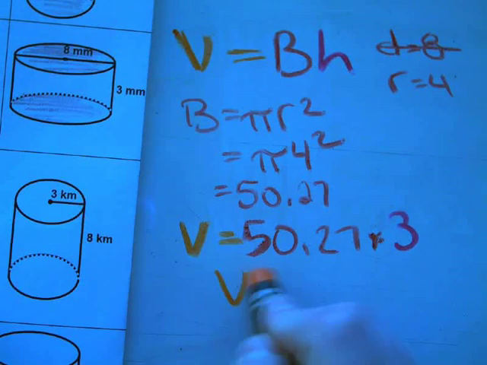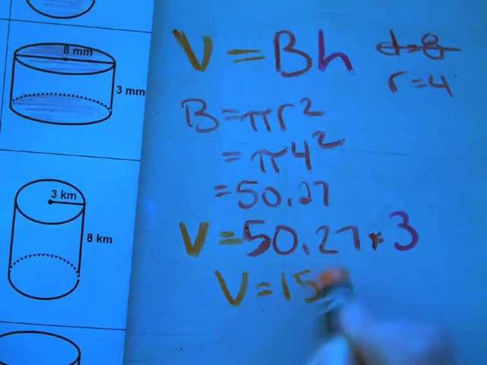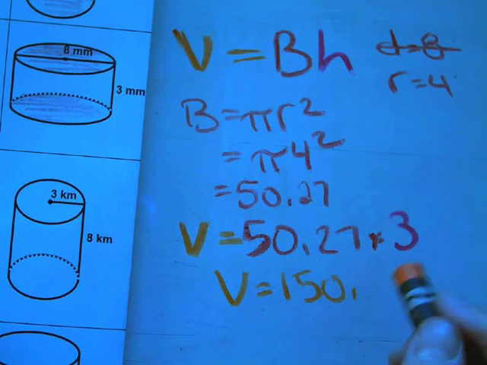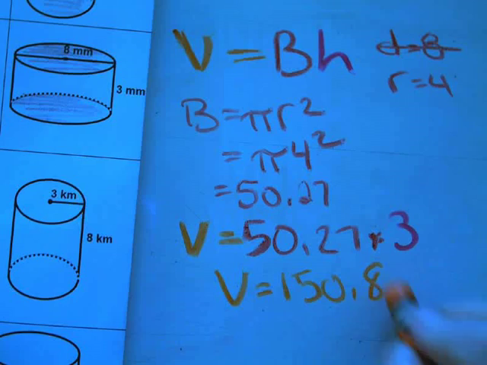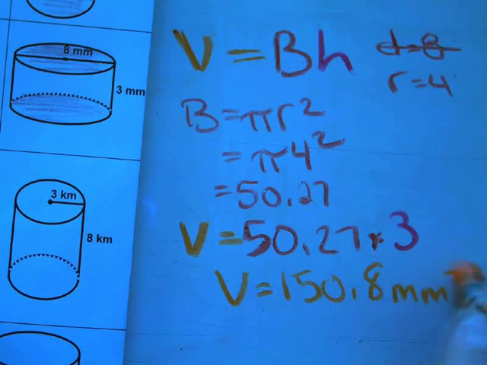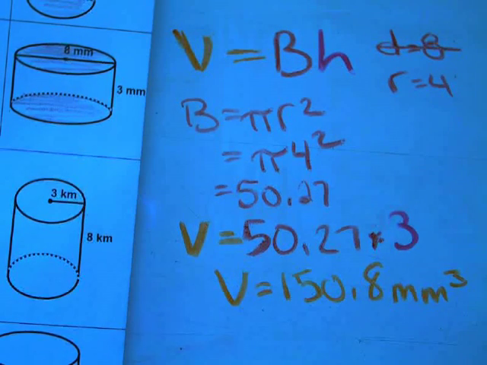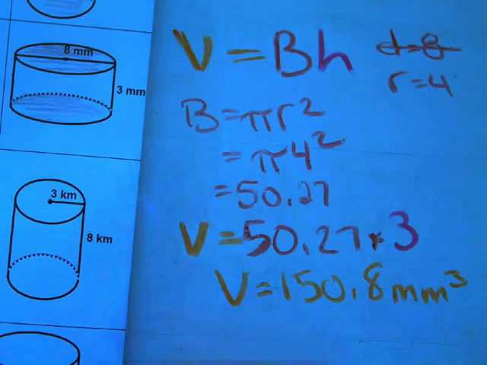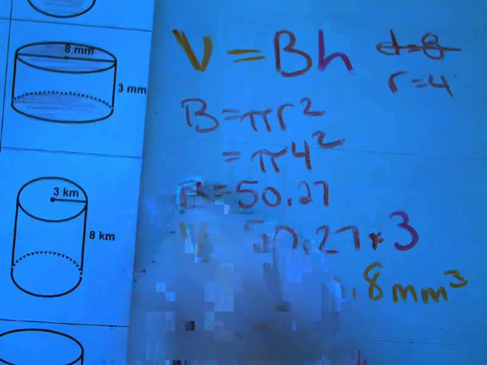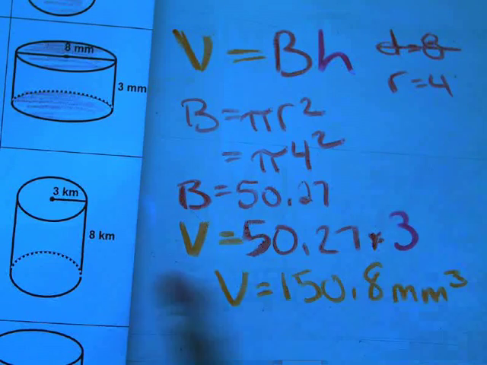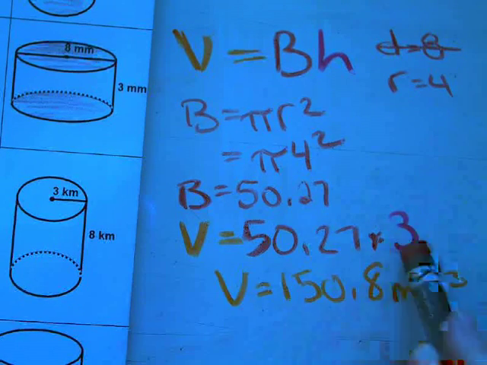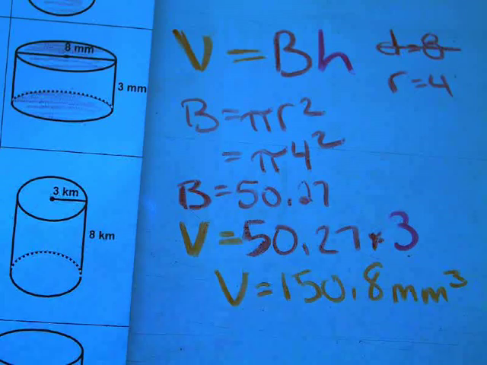Now my volume is 150.8 cubic millimeters. So you can see I color-coded it so you can see what we're substituting in. So we have our base was equal to 50.27 from pi r squared, and then we were able to get our volume by doing that substitution. Let's look at another one.